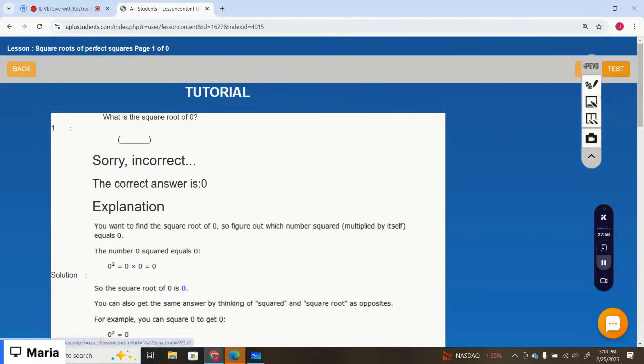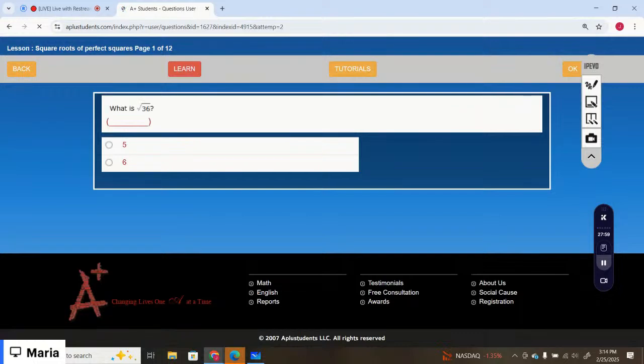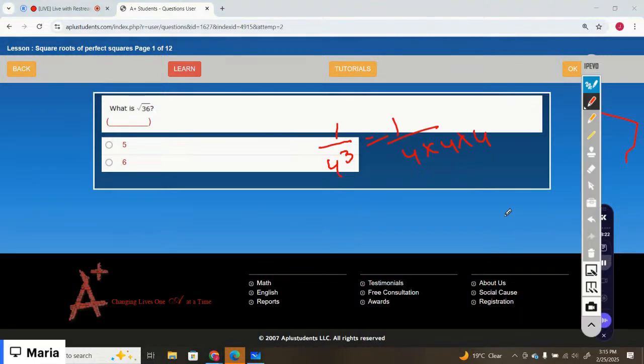Let's just start with the test questions. For example, square root 36. So you have to find a number that when multiplied by itself makes 36. So that is 6 times 6, right? You can write it as 6 square. So we know that the square and square root cancel out each other. We are left with 6.